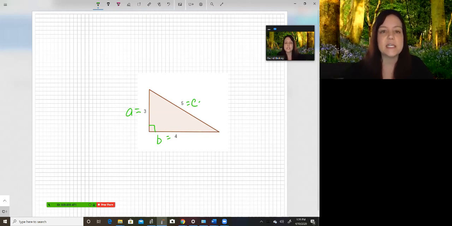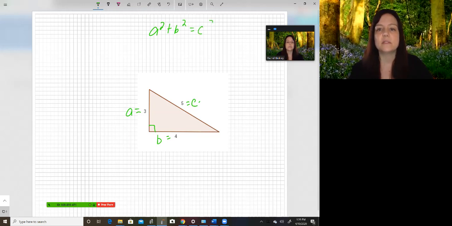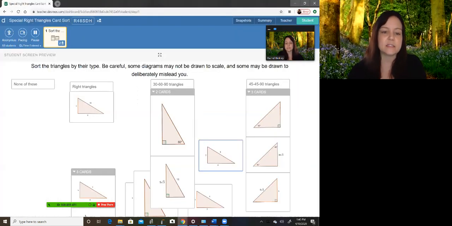Using the Pythagorean theorem, a squared plus b squared equals c squared: a squared is 3 times 3, so 9, plus b squared, which is 4 times 4, is 16. Is 9 plus 16 equal to 5 times 5, which is 25? The answer is yes. 9 plus 16 is 25.